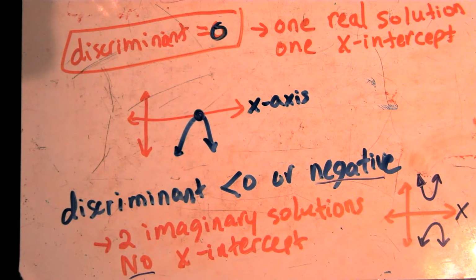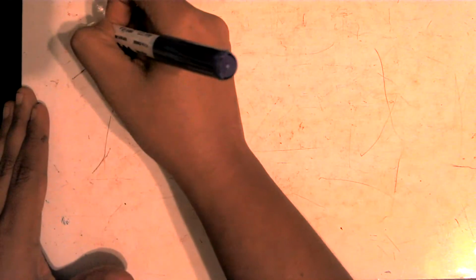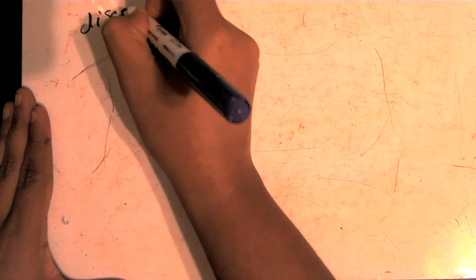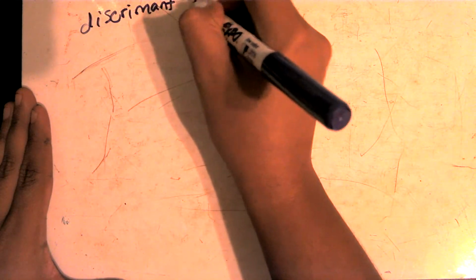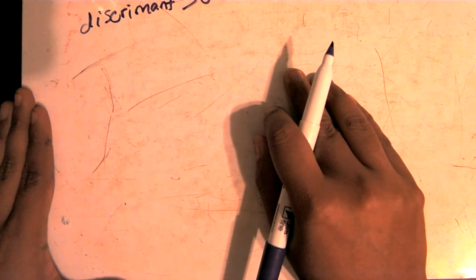Now your discriminant, if it's positive, there are two different scenarios. So let's look at that. If your discriminant is positive, greater than 0, then there are two options.